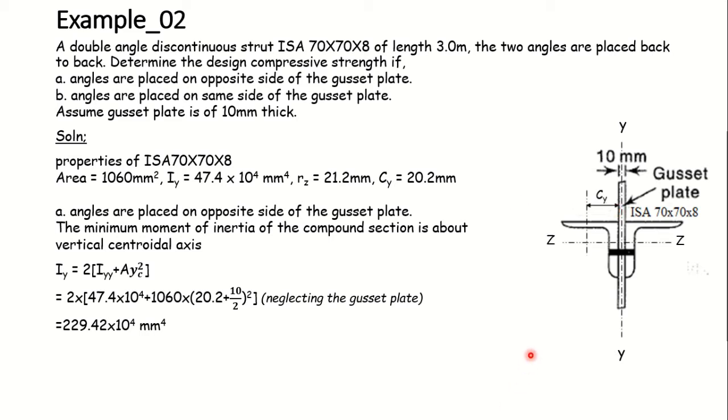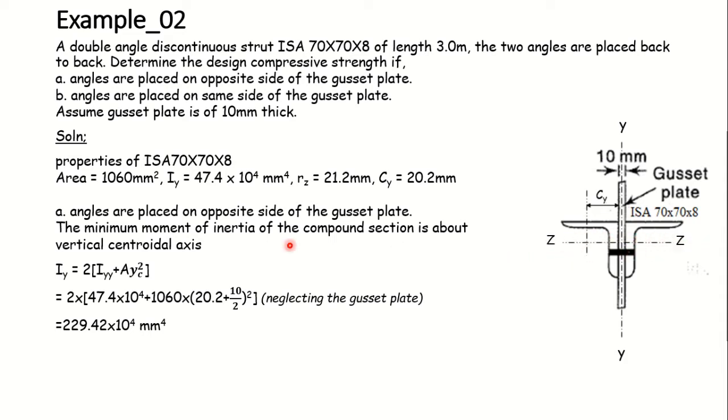We know the moment of inertia of this angle section about its own centroidal axis, which we have taken from the steel table: 47.4 into 10 raised to 4. Now we have to determine the moment of inertia about this y-axis of the entire section passing through the centroid of the compound section, and also check it against the moment of inertia about the z-axis.